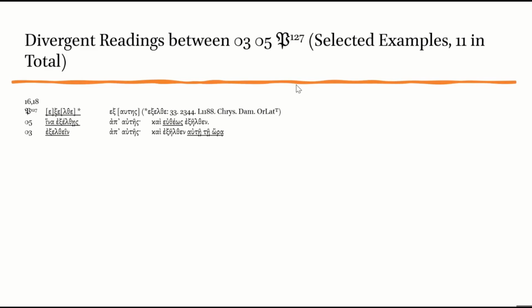So 1618 is quite interesting in the sense that instead of having reported speech, we have direct speech. The 1-7 would say go or leave, go away, like exelthete, as opposed to 05 and 03, which would have a rephrasing of this imperative into a more stylistic phrase.